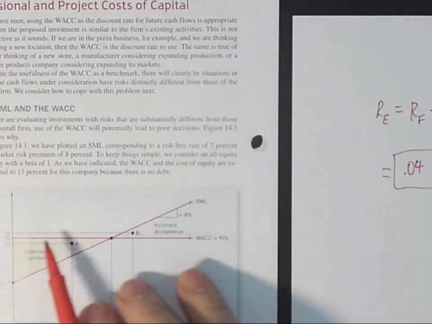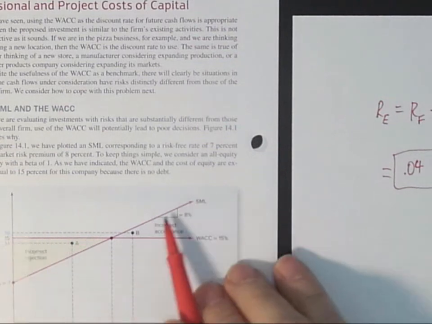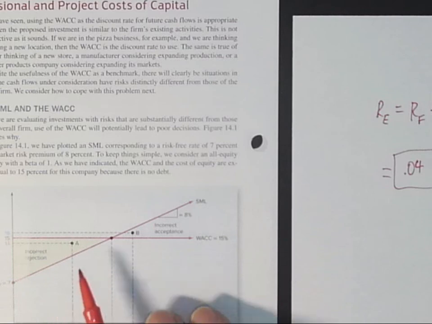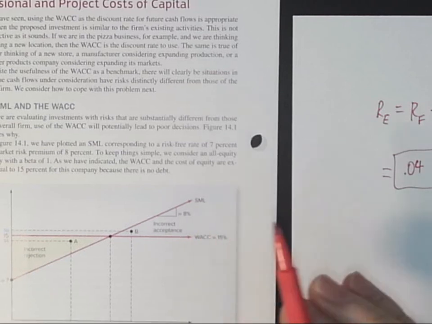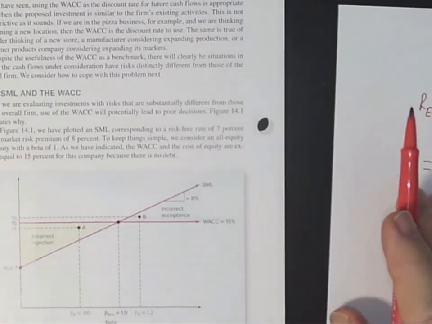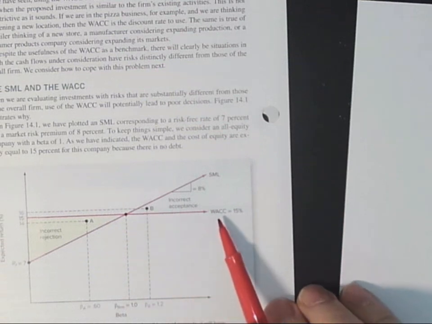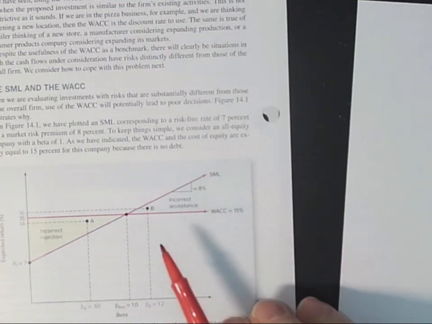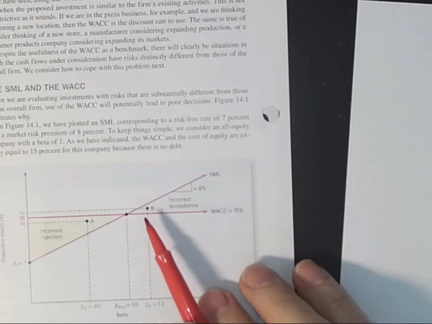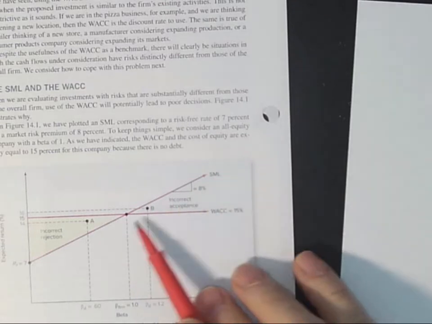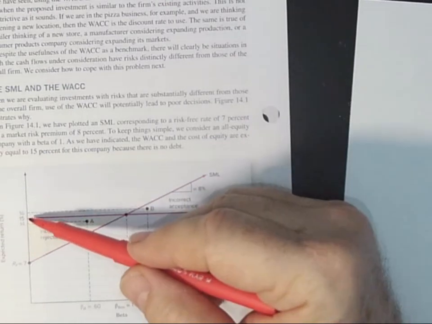So you're trying to figure out, relative to the weighted average cost of capital and the security market line, is something above the security market line? And they're trying to get you to understand that it's possible that something could be, like B here, above the weighted average cost of capital, which sounds good, except because of B's extra risk, it actually has to be higher than that. It has to be higher than the security market line, or at least on the security market line. So it needs to be greater than 16%.